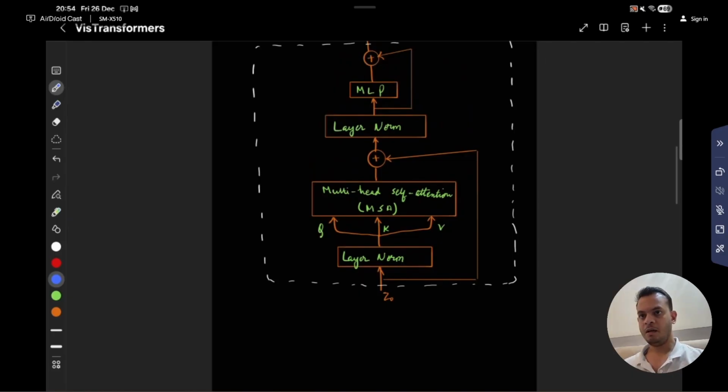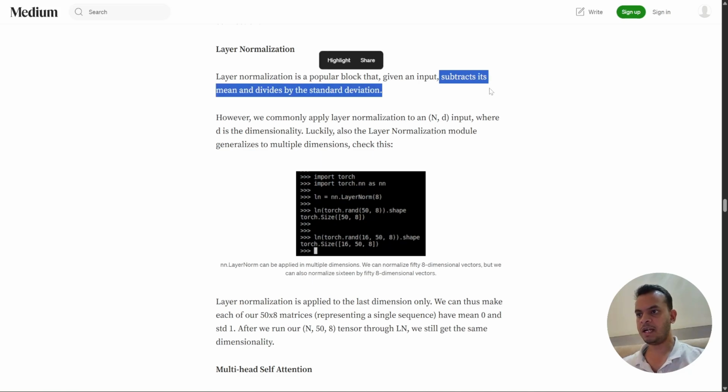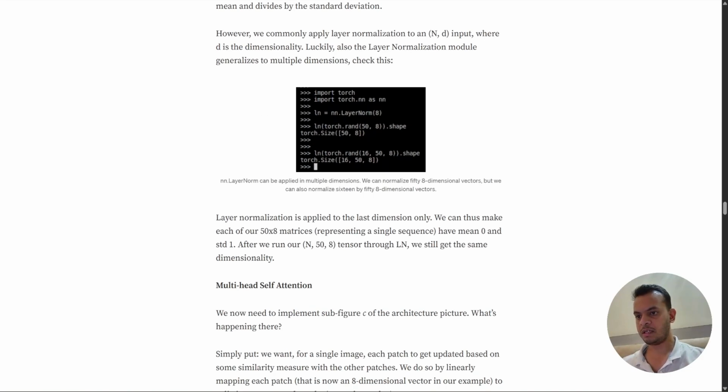Okay. And if you see here in this article, it's mentioned exactly what mathematical operation happens in the layer norm. It says that it subtracts its mean and divides by the standard deviation. Okay, so one more point to note here is what I said earlier.